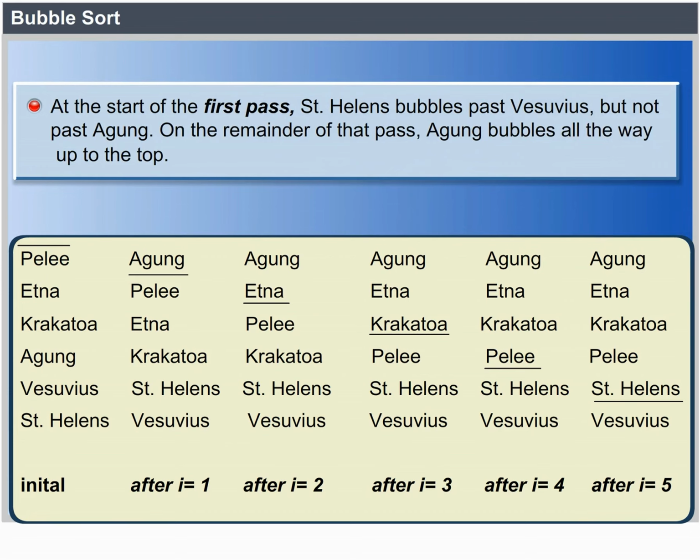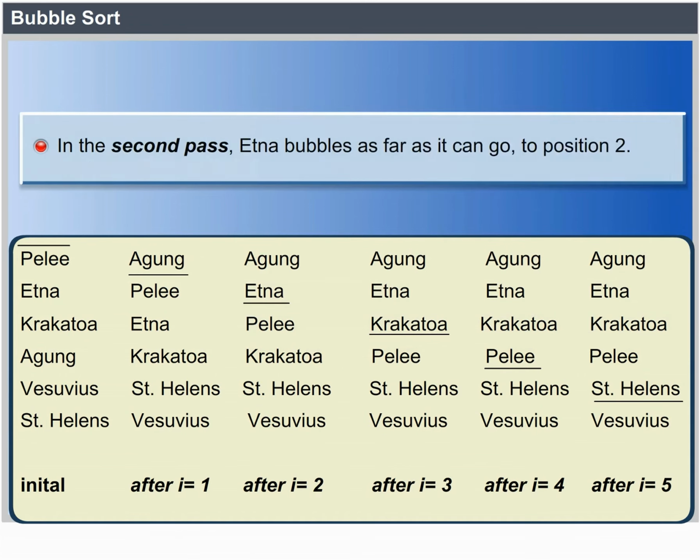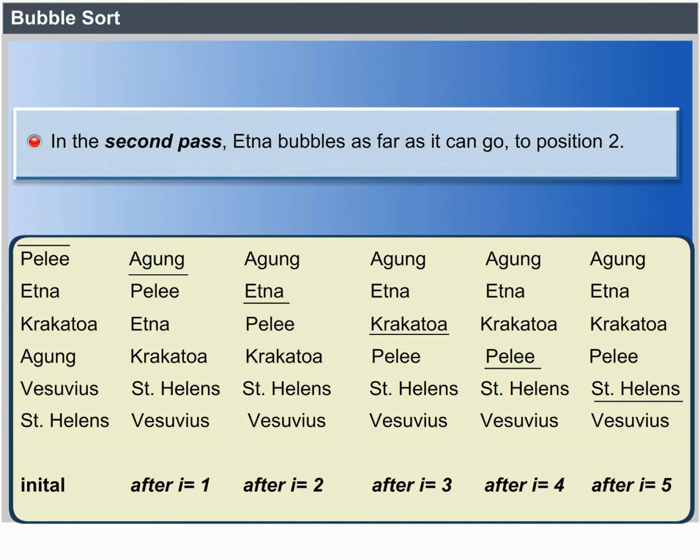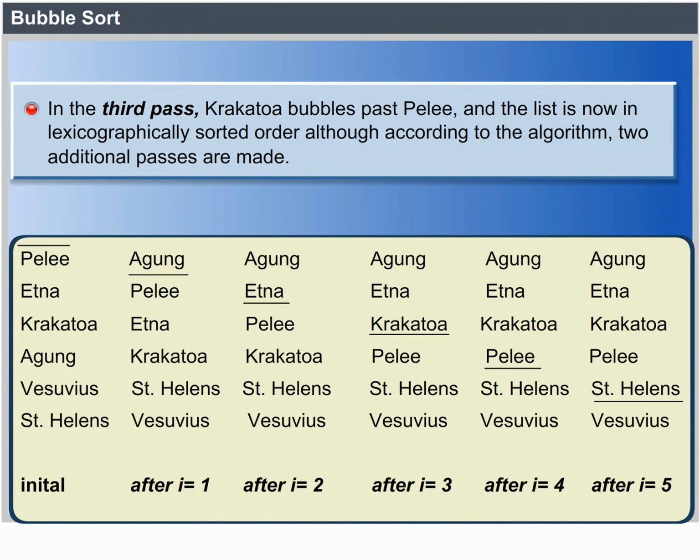And in the remainder of that pass, Agon bubbles all the way up to the top. In the second pass, Etna bubbles as far as it can go, to position 2. In the third pass, Krakatoa bubbles past Pele, and the list is now in lexicographically sorted order, although, according to the algorithm, 2 additional passes are made.